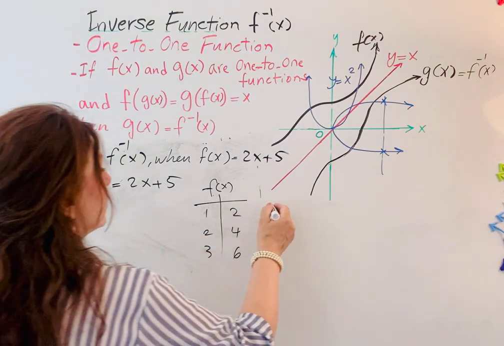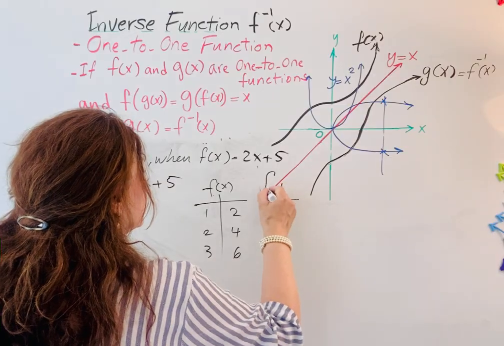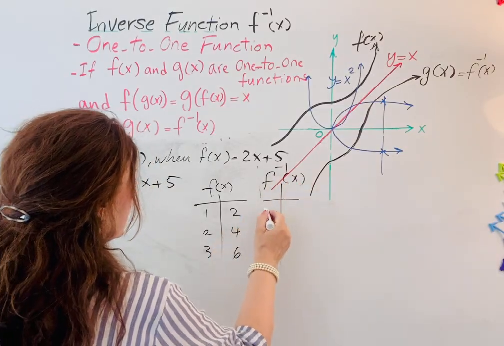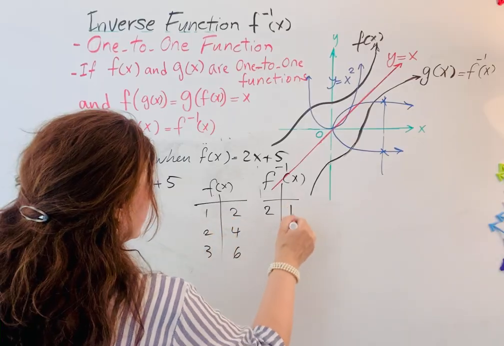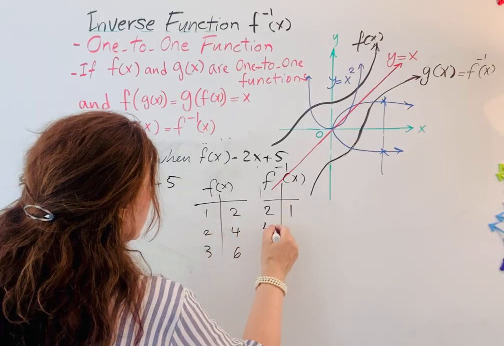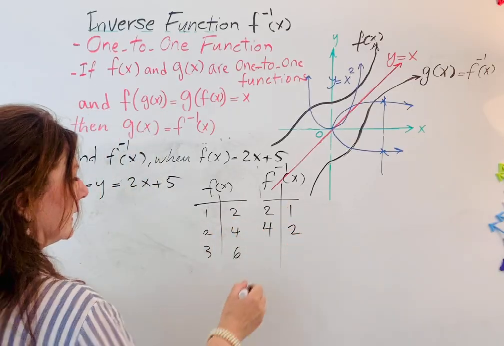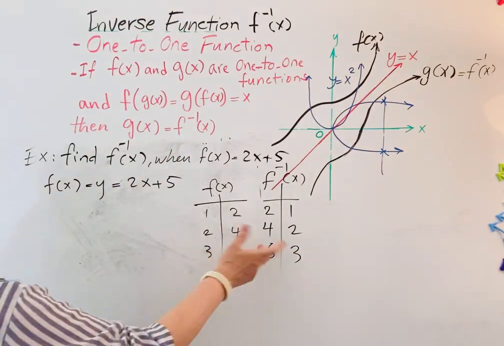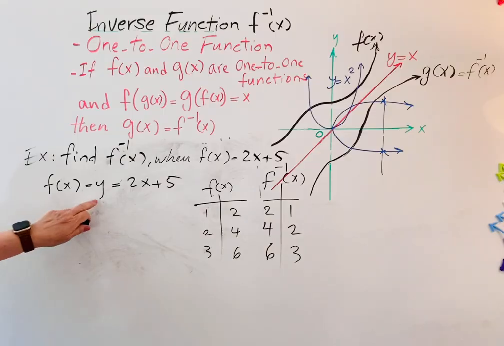Okay, the inverse function table is this. 2 gets 1, 4 gets 2, 6 gets 3. Everything shifted.